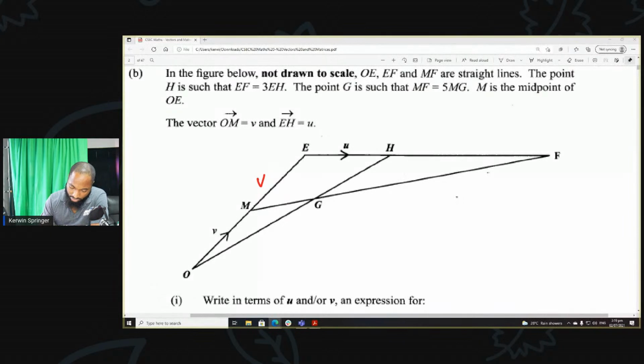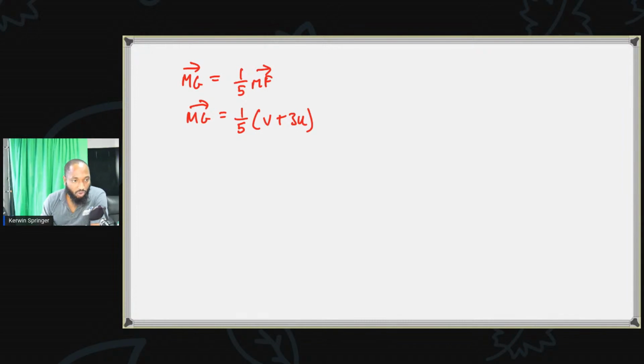So MG is 1/5 of MF, and MG is 1/5 of this, which is what MF is.